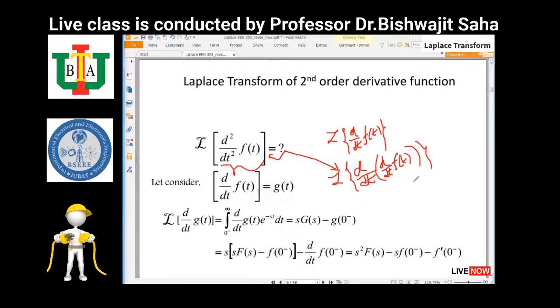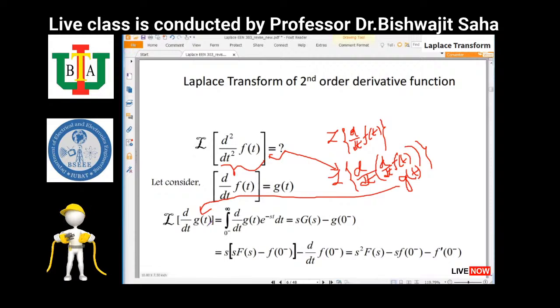So we can consider that d by dt f of t equals g of t. So our function becomes capital L of d by dt g of t.